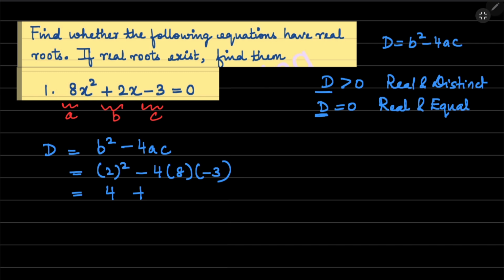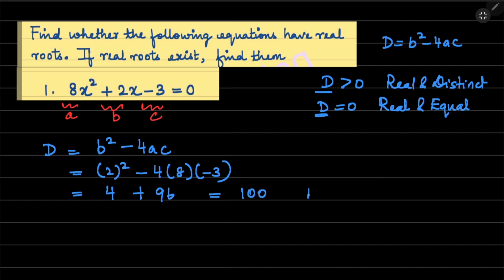8 4s are 32, 32 into 3, 96, right? Plus 96 is what you're getting. So 94 plus 6 is 100. 96 plus 4, it's 100. So d is nothing but 100.